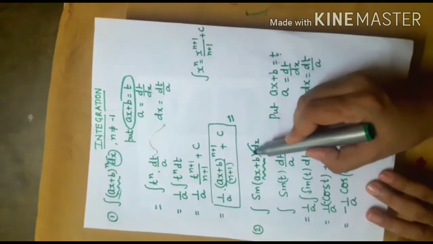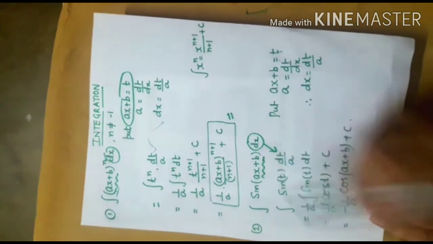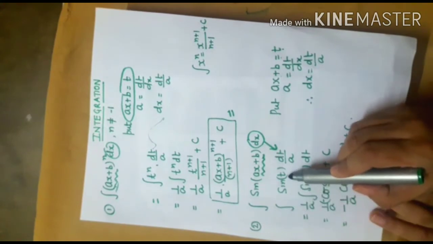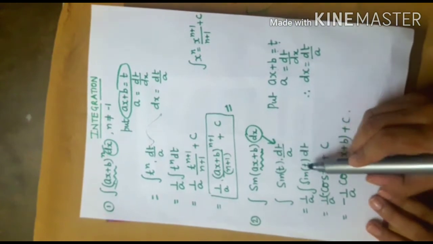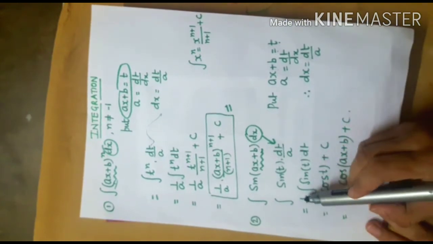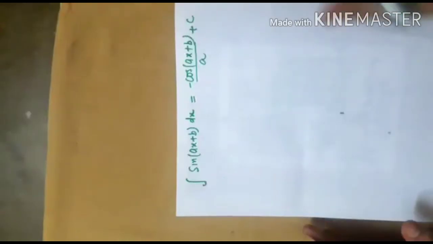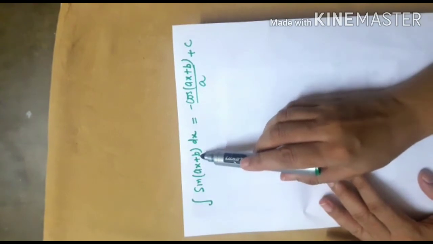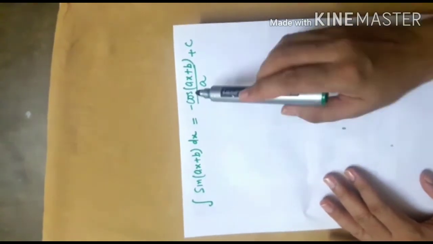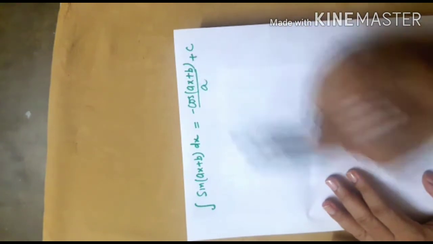So I replace this dx with dt over a, and this was t, so I'll get integral sine t into dt over a. a is a constant, so I take this out, so I'll get 1 by a integral sine t dt. So we have obtained the integral of sine(ax plus b) dx is equal to minus cos(ax plus b) divided by a, plus c.